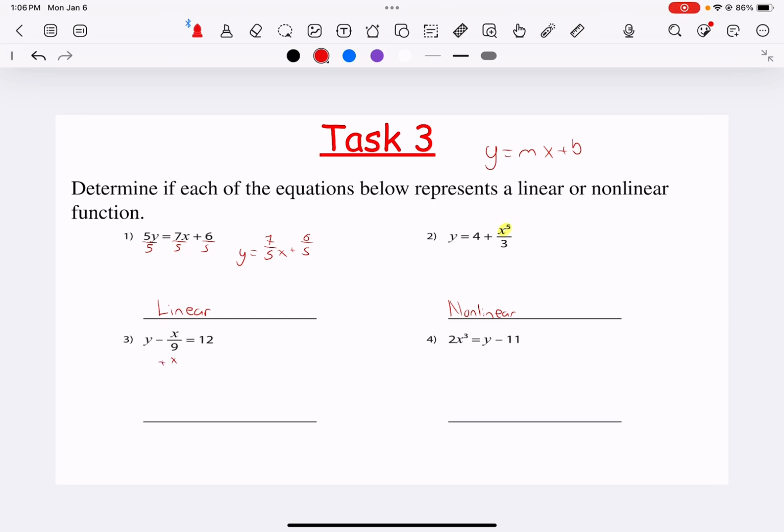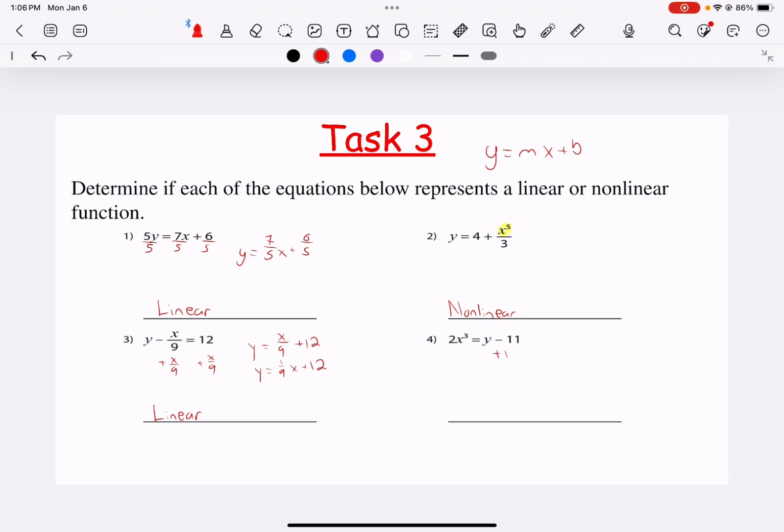Number 3, I can add x over 9 to both sides. I have y equals x over 9 plus 12. And I can rewrite this as y equals 1/9 x plus 12. Since my x is to the first degree, this is a linear function.